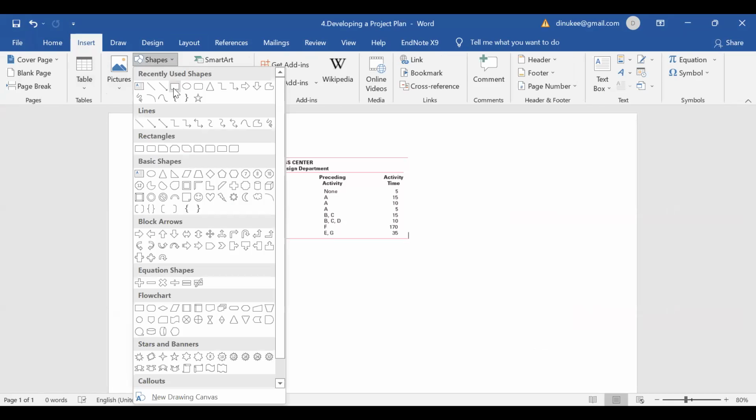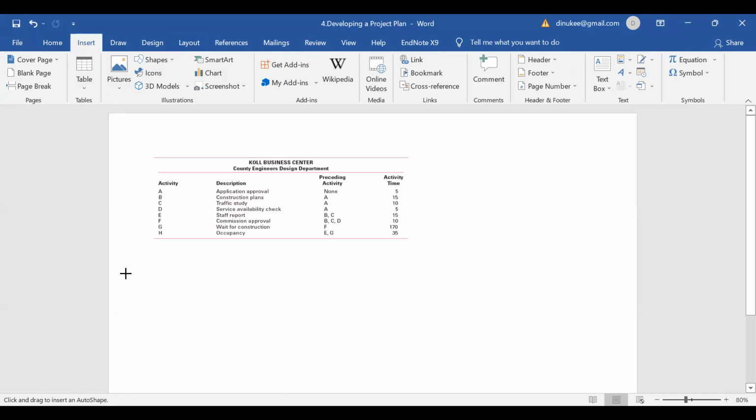So I will take a shape. You can see activity A, the description is also given, and the preceding activity and activity time are given.